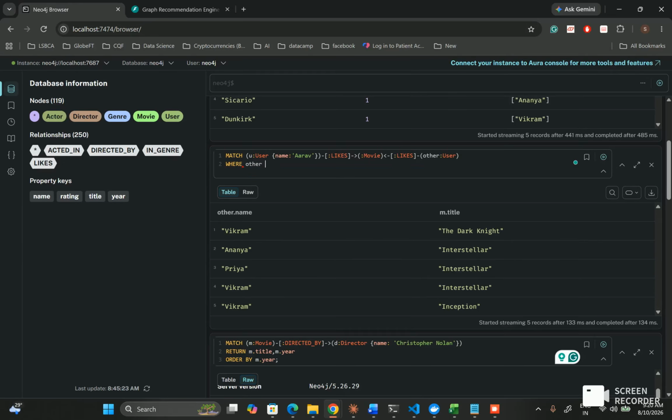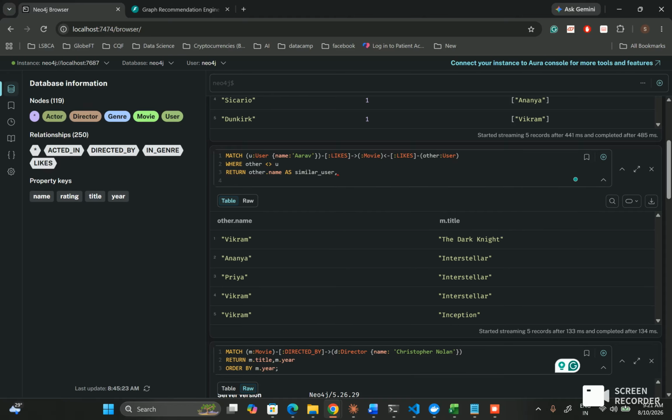WHERE other <> u RETURN DISTINCT other.name. I'll explain you the query. Let me finish this off first.